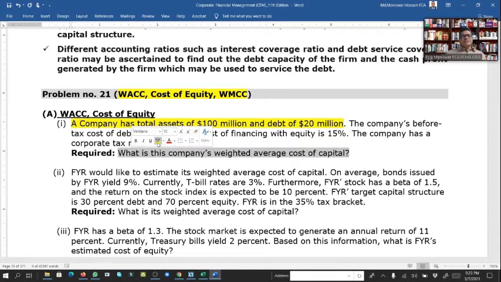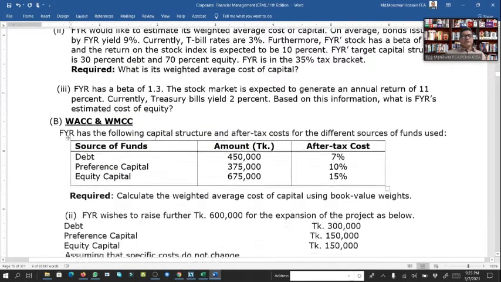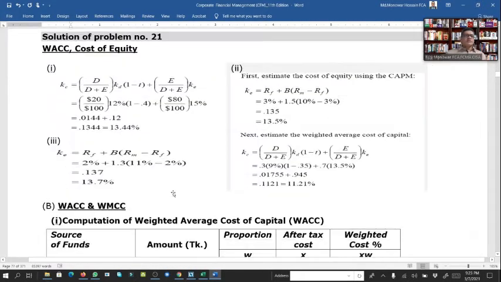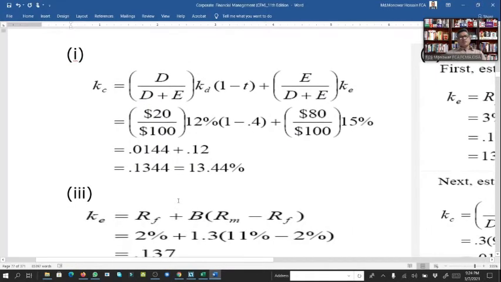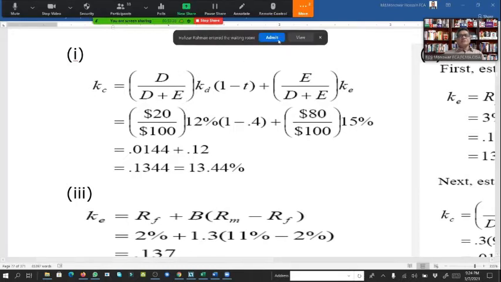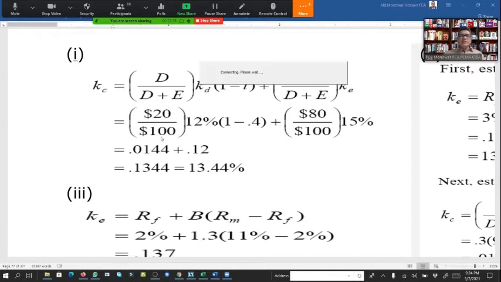So, in this side, we will calculate the cost of capital. Look here, this one, number 1. This is the weighted average cost of capital. Debt divided by debt plus equity. So debt is 20 million, and debt plus equity, that is total assets, is 100 million.